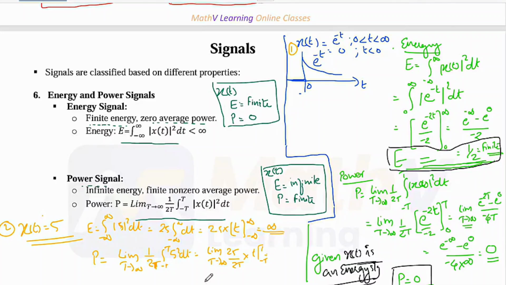So limit t tends to infinity 25 by 2t into t minus minus t. So we get 2t here, right? When this cancels, it will be 25. So this is finite. Okay, so here power is finite and energy is infinity. So this is actually a power signal. Okay, so this is how we determine.